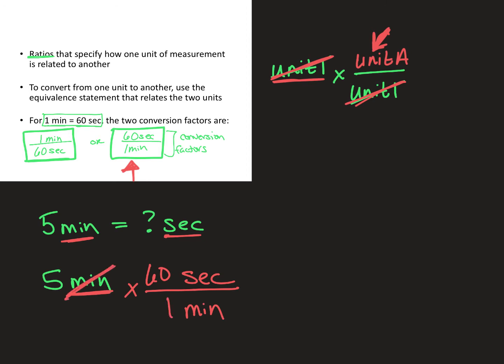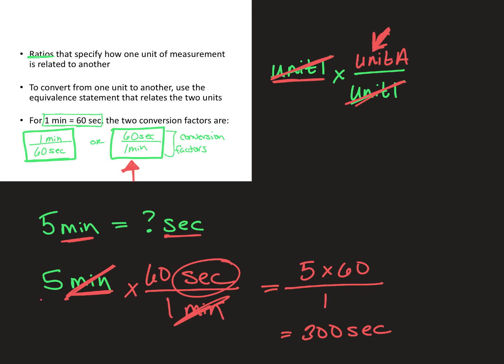Minutes on top cancels with minutes on bottom. When you do this math, any numbers on top, you multiply, and then you divide by any numbers on the bottom, which in this case is just a 1. So 5 times 60 is 300. There are 300 seconds in those original 5 minutes.